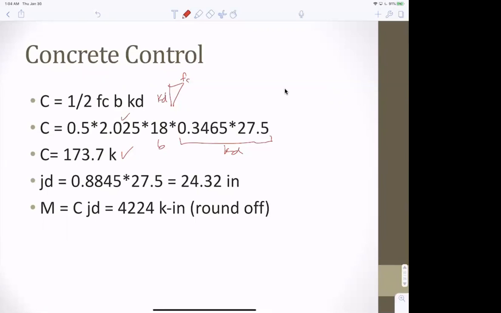With JD right there, the moment is 4224 kip-inch, what we got before with some round off.